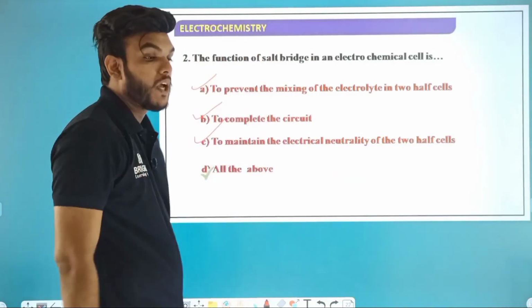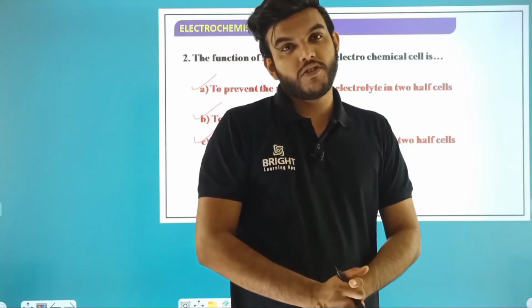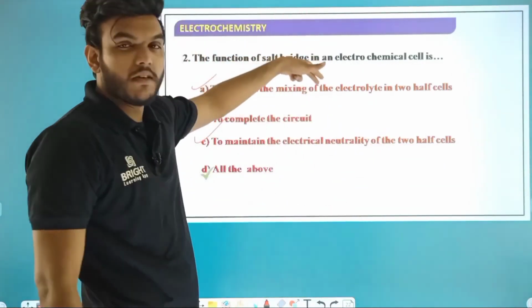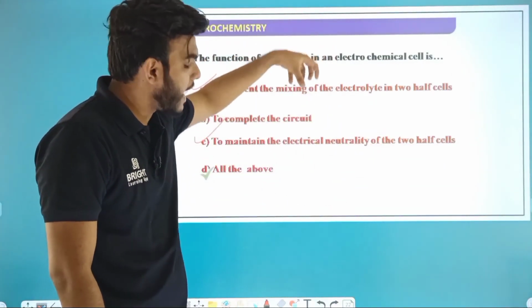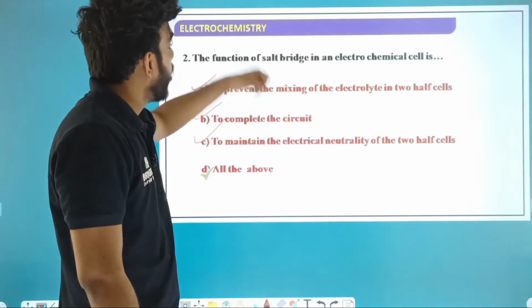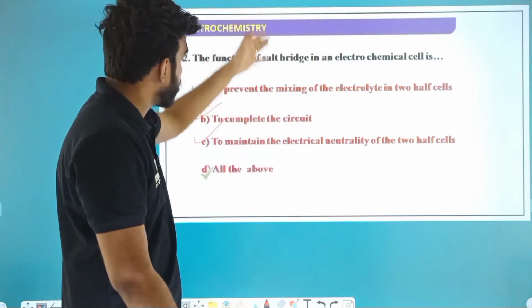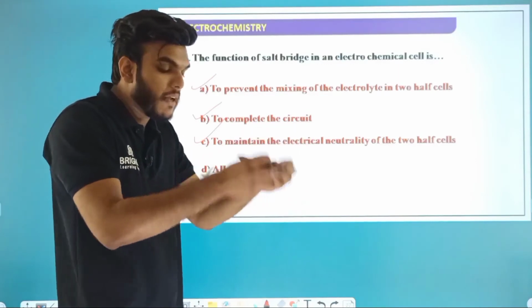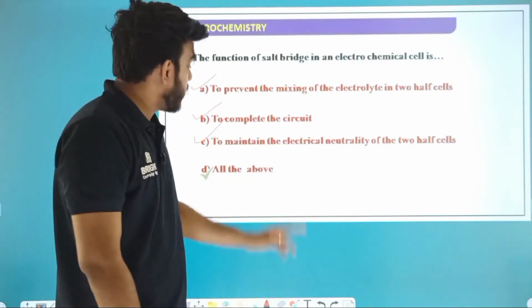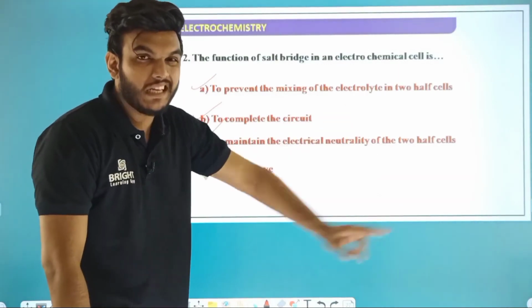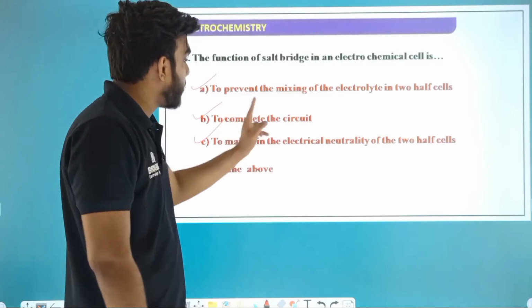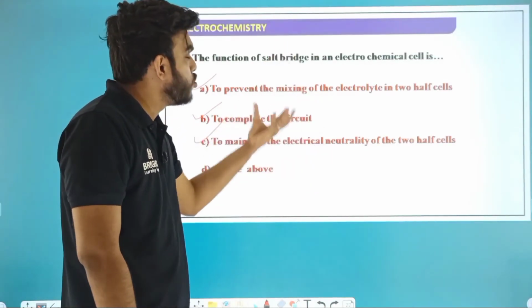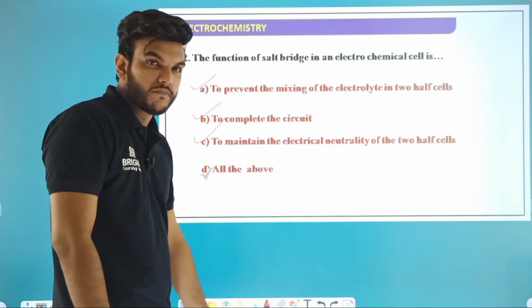Sometimes the question may come, what is the function of a salt bridge? I am giving you this as an MCQ, but you have to know these 3 functions. It prevents the mixing of two electrolytes. It will maintain the electrical neutrality between the two half cells. It will complete the circuit. These are the 3 uses of a salt bridge.